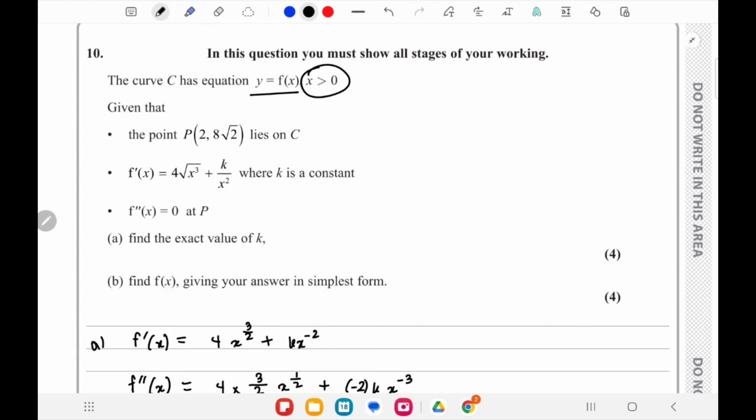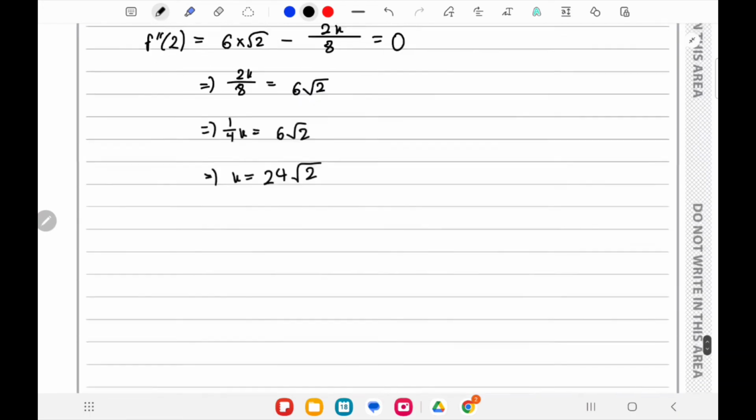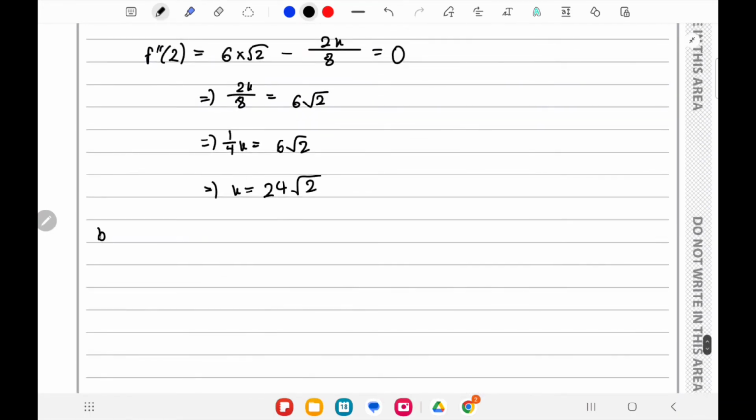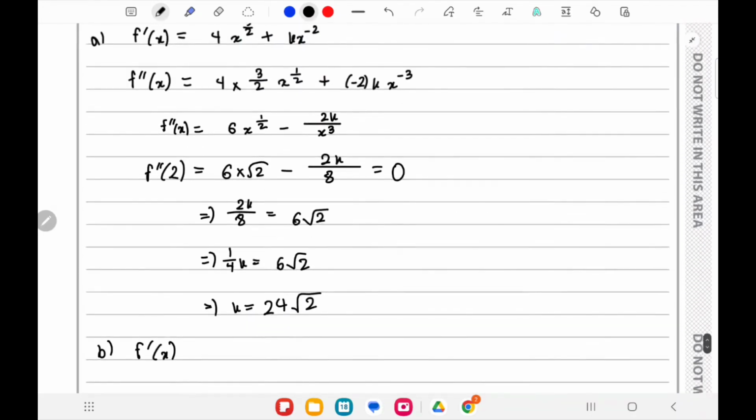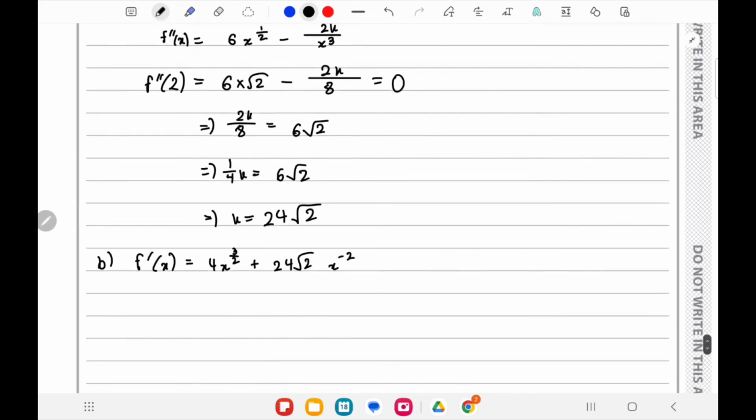Now in part B, we have to find f of x. So we'll have to integrate this after putting the value of k. So after using the value of k, f prime x will be 4x to the power 3 by 2 plus 24 root 2 into x to the power minus 2.